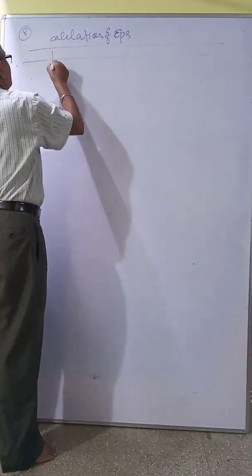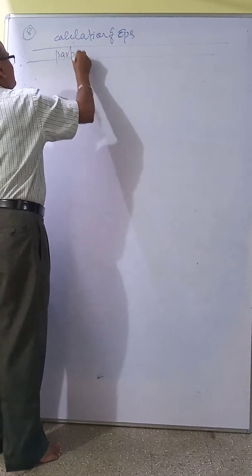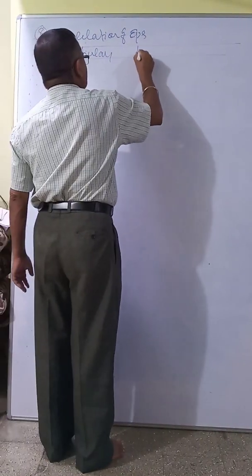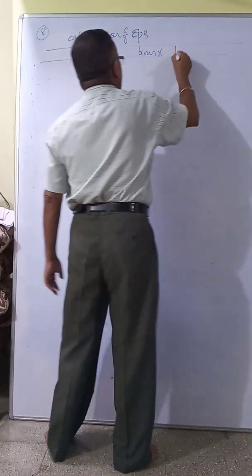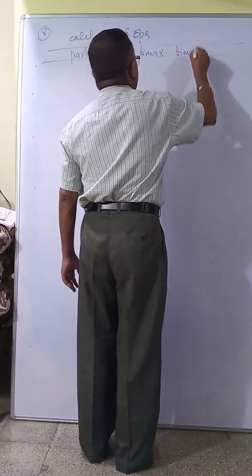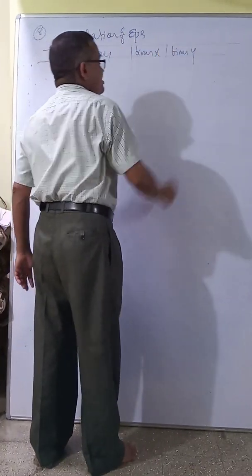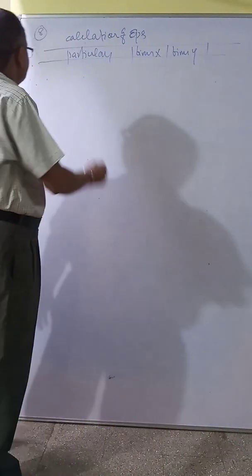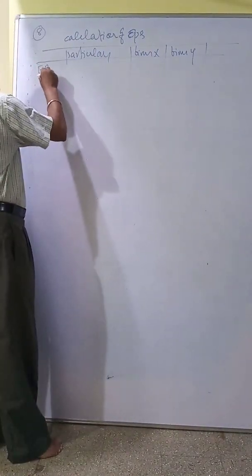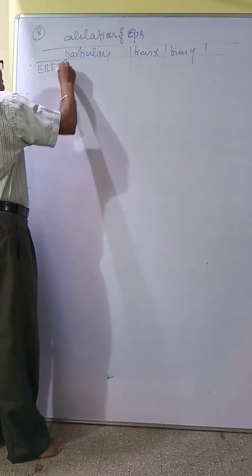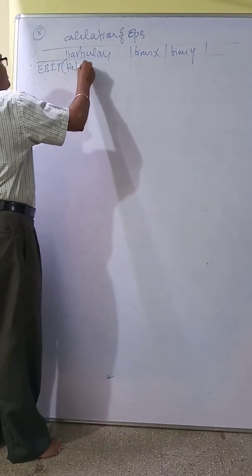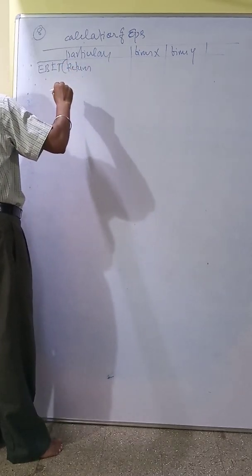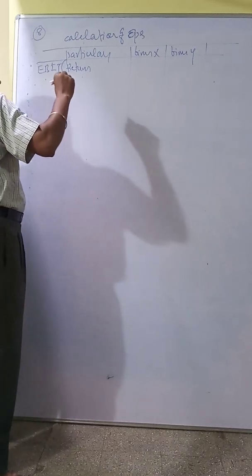Particulars: firm X, firm Y. First you have to take return, or EBIT, earning before interest. At what percent is the return given?